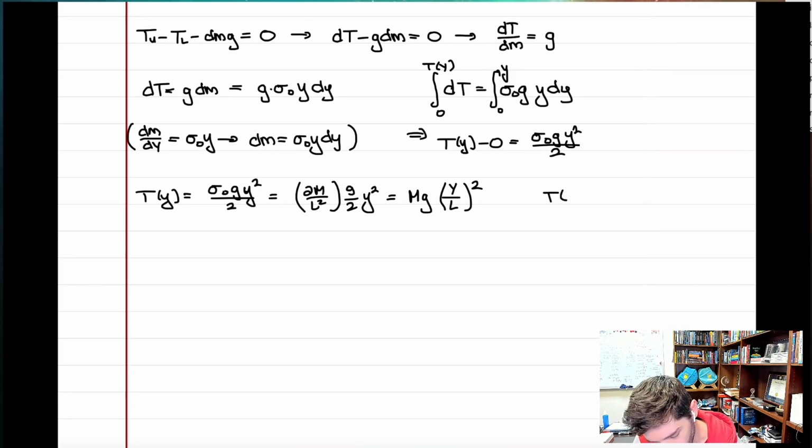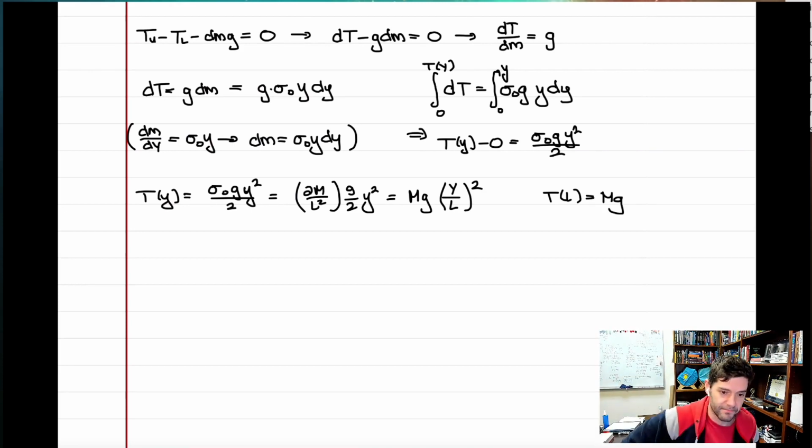But notice that if I plug in big L, which corresponds to the tension at the top of this rope, it is just big M times g, as was expected. In the cases where you can figure out the exact value at a particular location, you can always use those as sanity checks when you try to do something more arbitrary or continuous, like in this case.